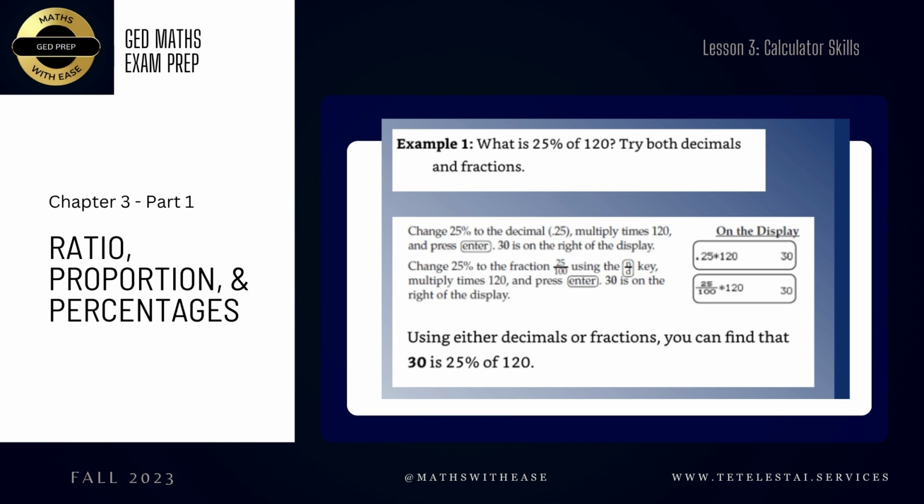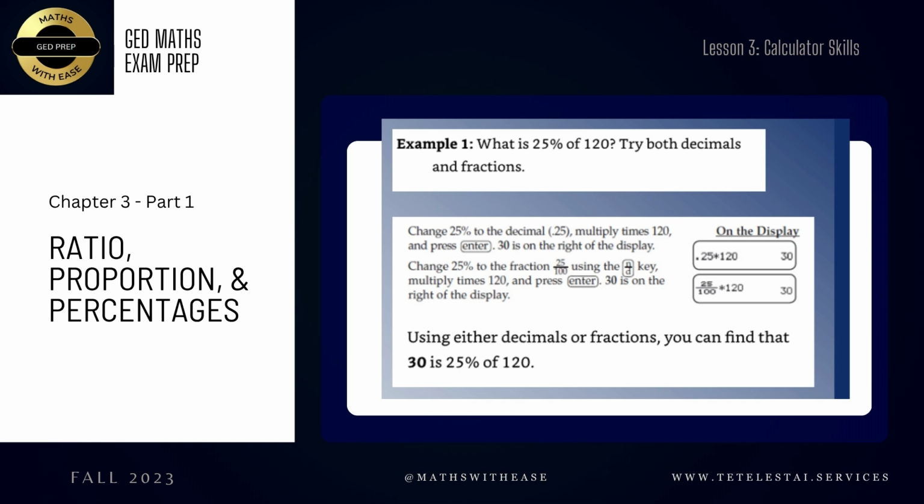So using either the decimals or the fractions, you can find that 30 is 25% of 120. So again, going over the order of entry, if you will, you're being asked to find 25% of 120. We know that 25% can be written as 25/100, because 25% is essentially telling you 25 per, meaning over or divided by.